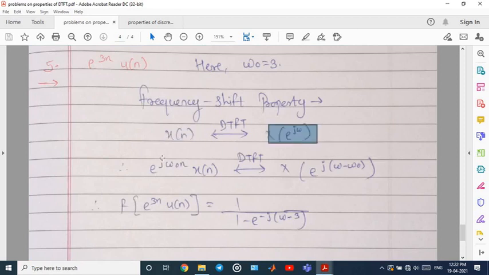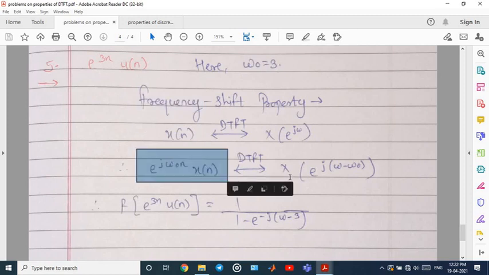If there is a term which is exponential associated with the u of n or x of n, e to the power j omega 0 n, then from this we can say that omega 0 is 3. I've written here omega 0 equal to 3, and the DTFT of this is x of e to the power j omega minus omega naught.